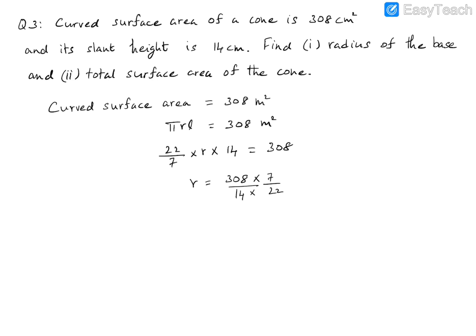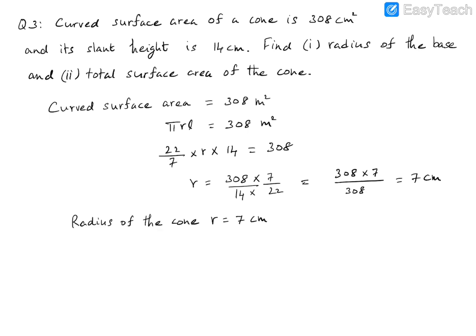Simplifying this will give us the value for the radius of the base of the cone. We have 308 into 7 divided by 22 into 14, which is also 308. So 308 and 308 will cancel out, and we will have 7 centimeters as the radius of the cone. So the radius of the cone r equals 7 centimeters.